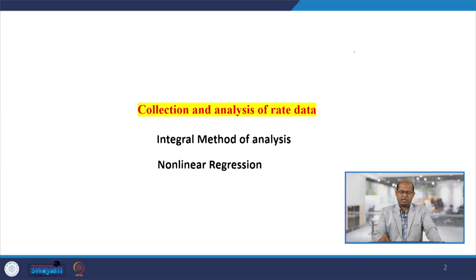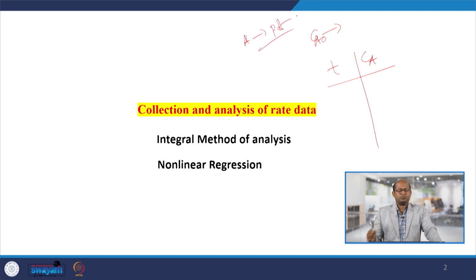For the batch reactor data we are going to analyze, we get time against concentrations. CA0 is the initial concentration and A is going to product. This is the reaction.